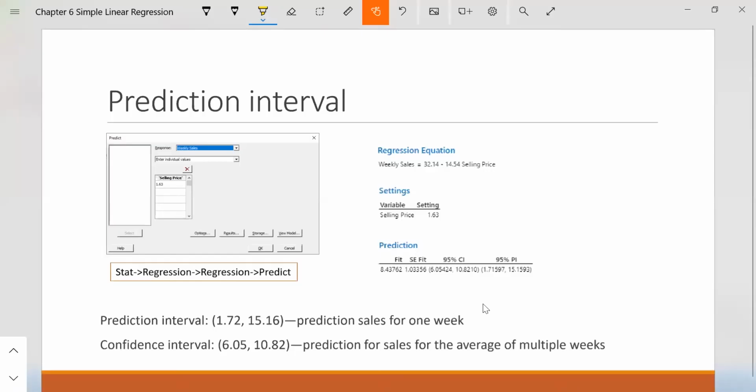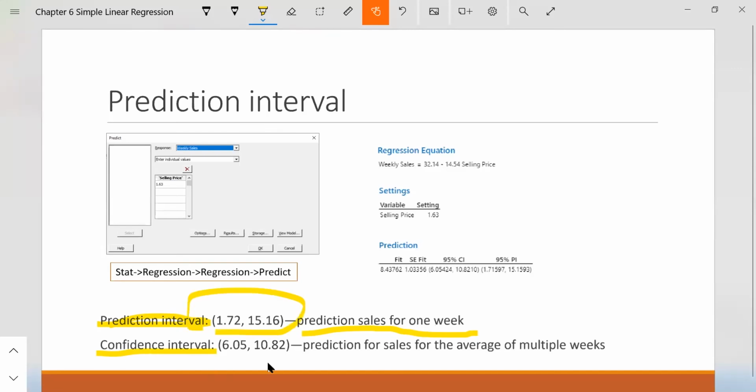And you will notice that there are two intervals reported, a CI, confidence interval, and the PI, prediction interval. Why two? Well, they are different actually. The prediction interval will provide the interval predicted for 1 week only, okay? Because this is weekly sales of milk. If you want to predict for one particular week, you're going to provide this interval.